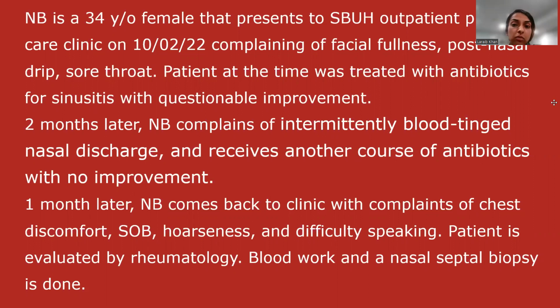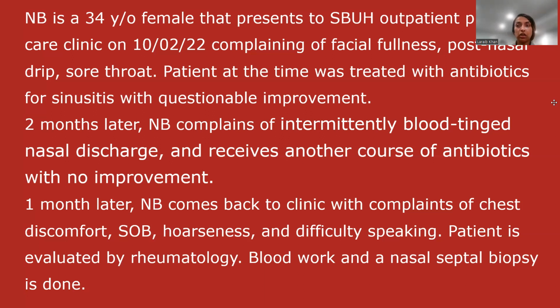At the time, she is treated with antibiotics for sinusitis with questionable improvement. Two months later, she comes back complaining of intermittently blood-tinged nasal discharge and receives another course of antibiotics with no improvement. Another month later, NB comes back to the clinic complaining of chest discomfort, shortness of breath, hoarseness, and difficulty speaking.